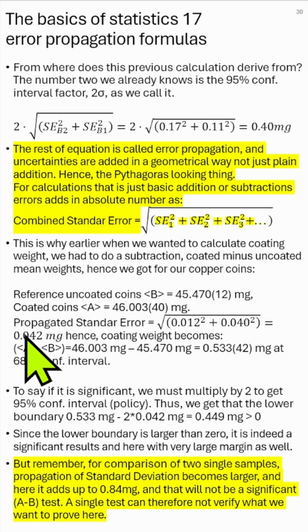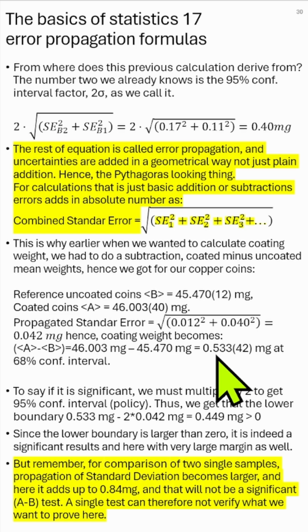Then we get 0.042 milligram. So the coating weight we can present as being 46.003 milligram minus the other mean value, 45.470 milligram, which gives you the difference, 0.0533 milligram. And then we write that the standard error of that calculated difference becomes that 0.042 milligram.